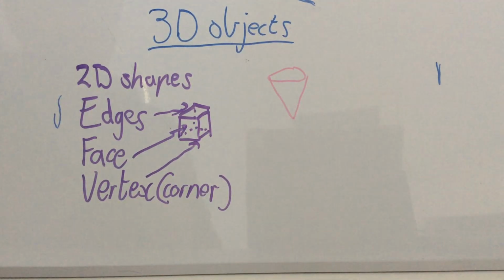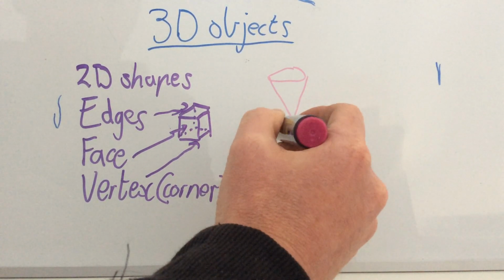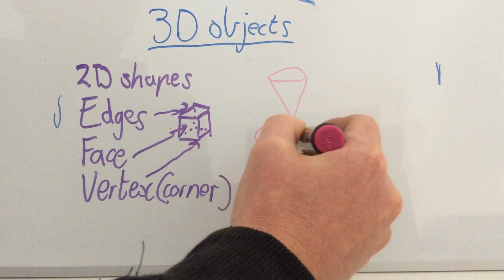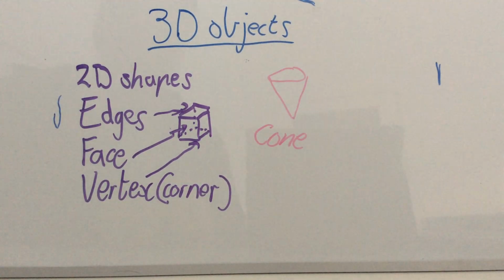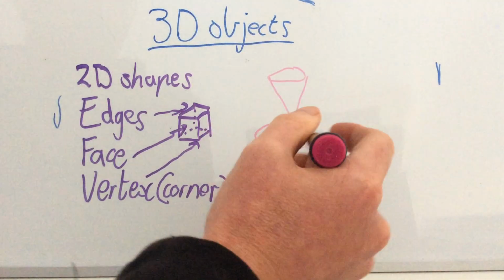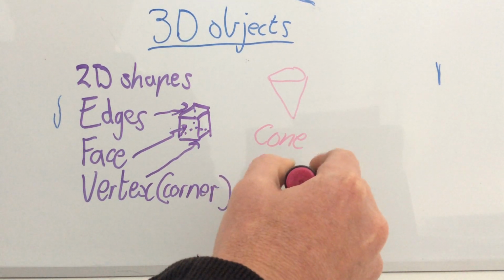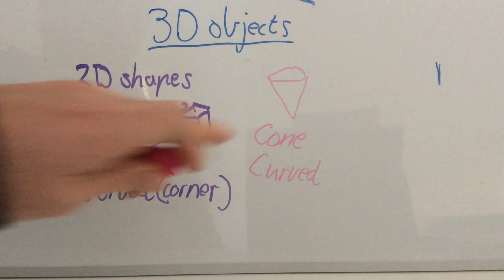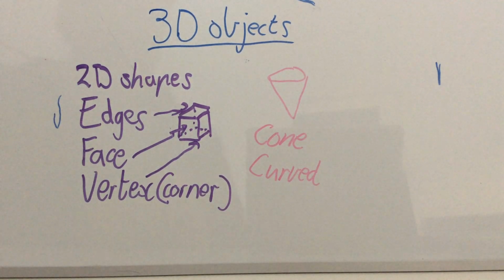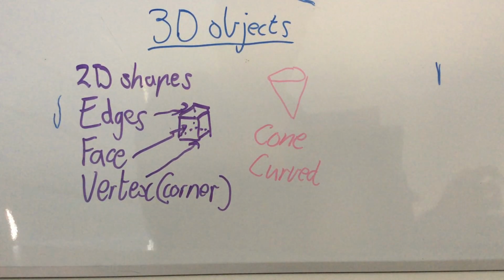So what sort of a shape is that? It is a cone. And these have curved faces. The one that runs along here is a curved face. So that's something else we need to be quite aware of in the vocabulary.